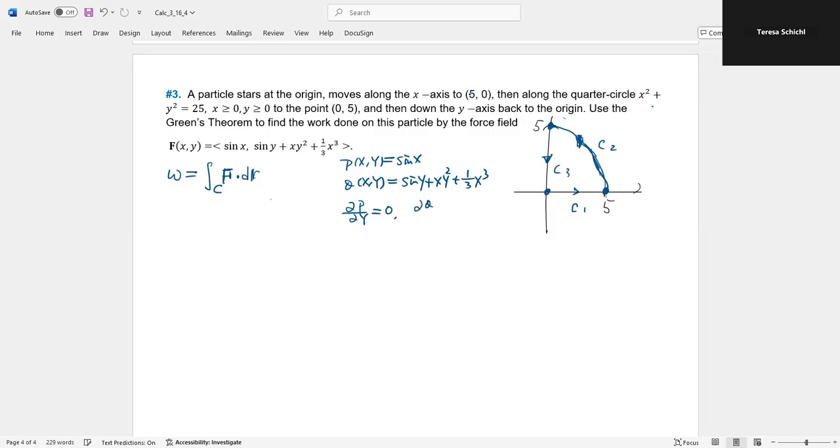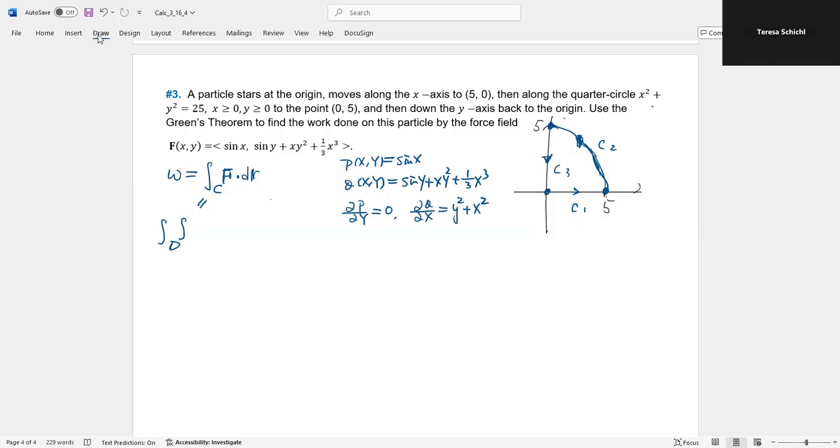Then ∂Q/∂x will be y squared plus x squared. That's easy. So now I can change this to the traditional integration over these regions.